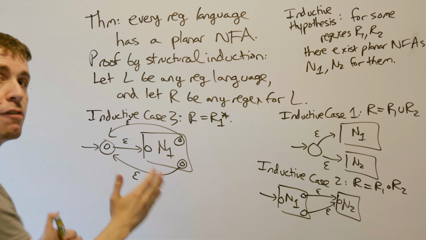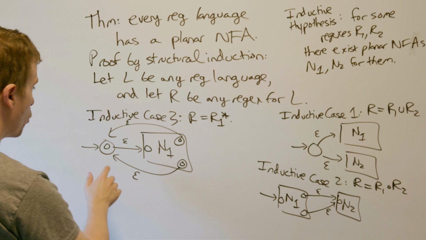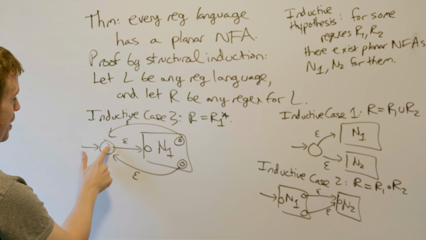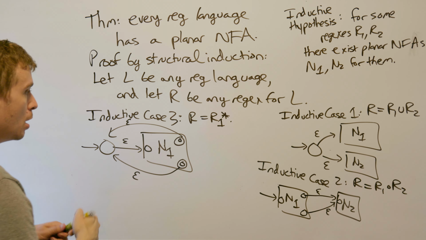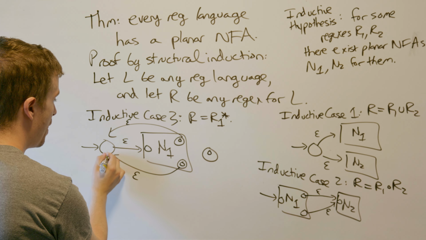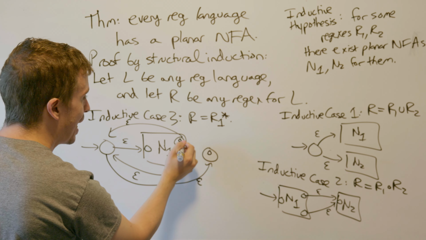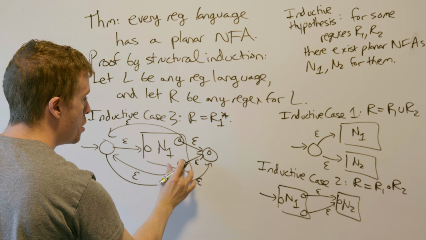But not every final state is on the right side, because this state is over here. So the way to fix that is to have this state be not final, but to make a brand new final state over here that has an epsilon transition here, and from these guys, and also make them not final.